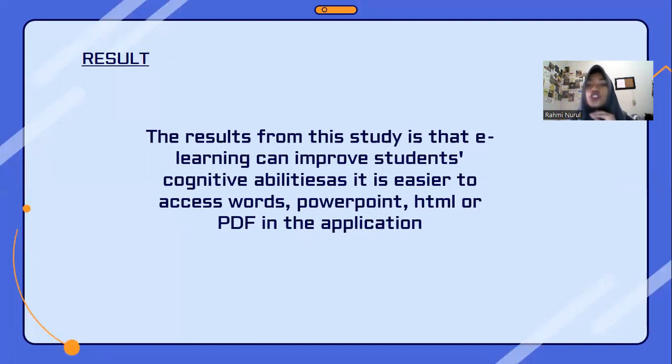It is easier to access Word, PowerPoint, HTML, or PDF in the application. All right, that is the result.